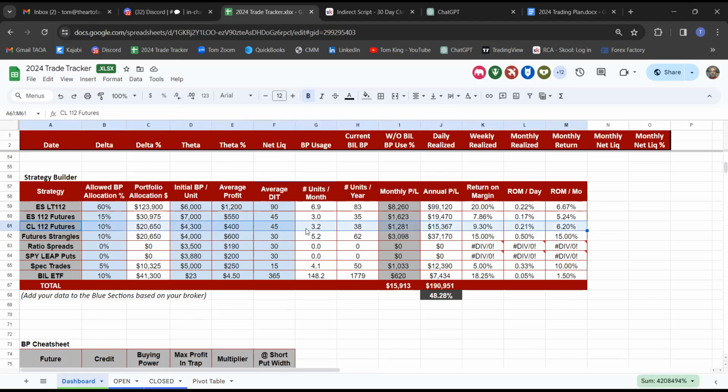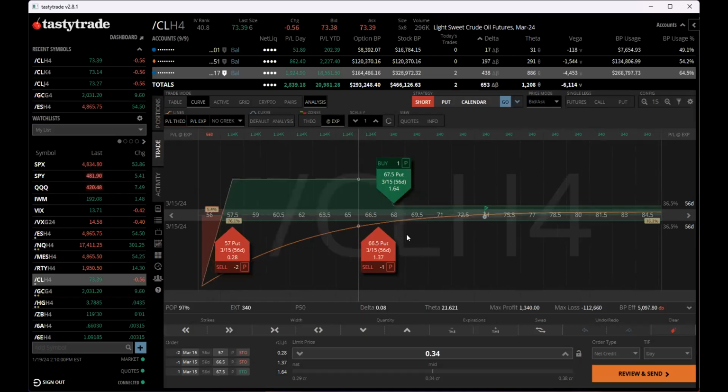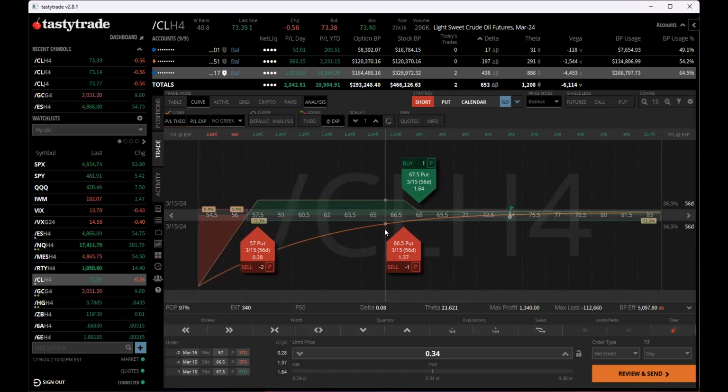And depending on how many trades, I can go up to 3 contracts a month or something on this particular trade. So to me, it fits everything I'm looking to do. My buying power was close and my profit was pretty close. They're not going to be the same every time when you have volatility up and down. But I think that's a pretty good oil trade that I would consider doing today.